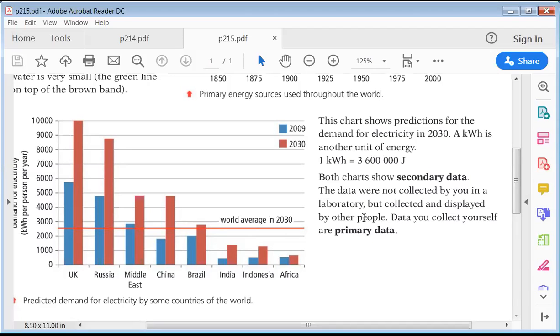So both these charts are secondary data. Guys, why do we call them secondary data? Because they were collected by other people rather than us. We didn't collect them by ourselves.